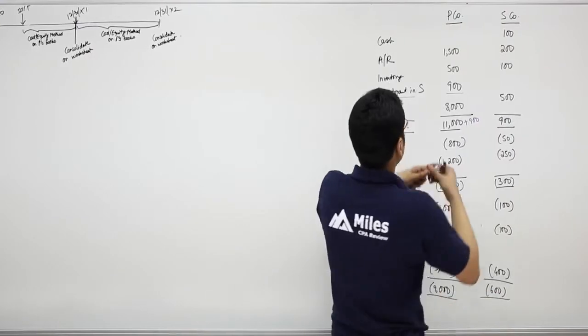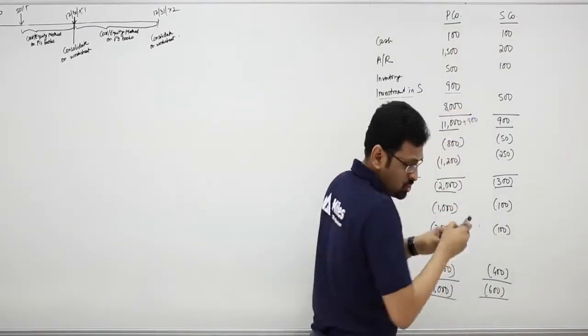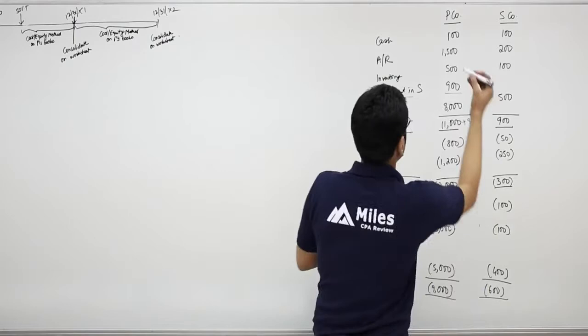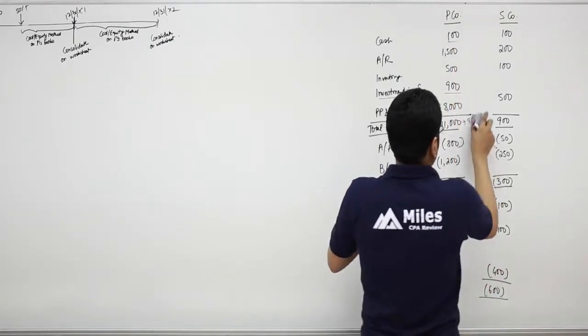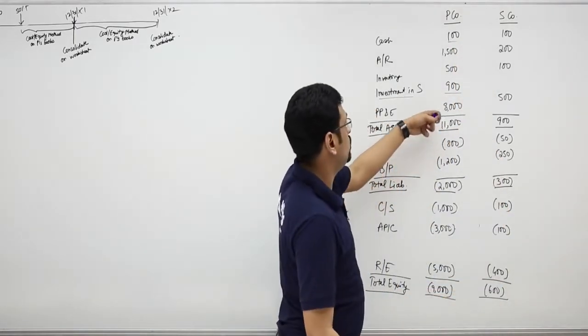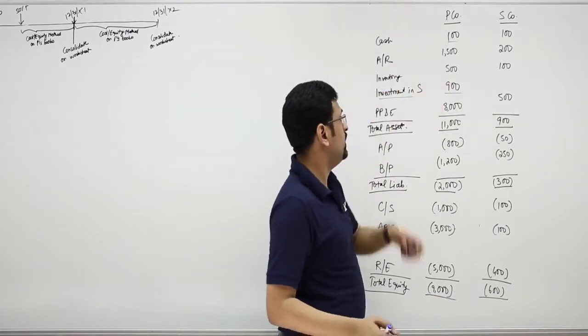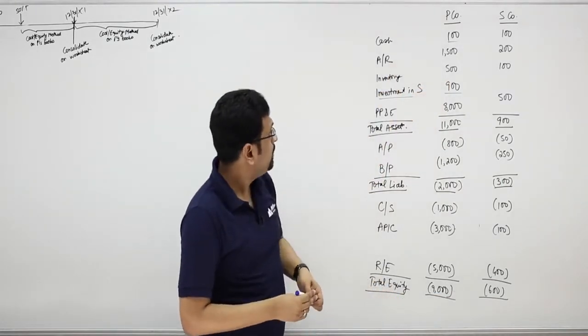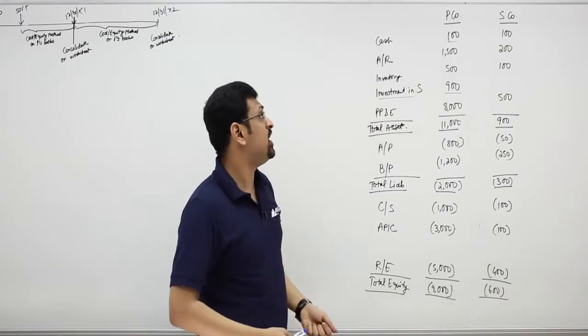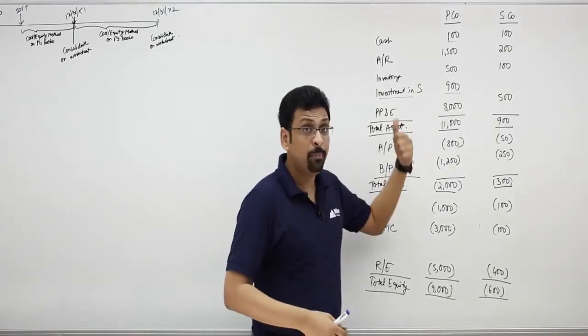They're going to use $900 of this cash. The assets are going to remain at $11,000. So this is increased by 900, reduced by 900. So this would be the pre-consolidation balance sheet for the parent.